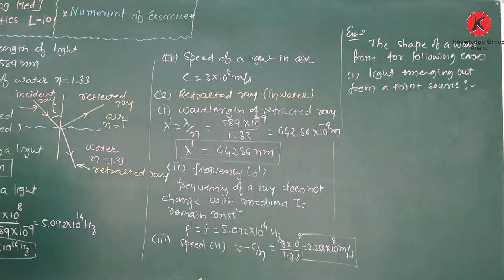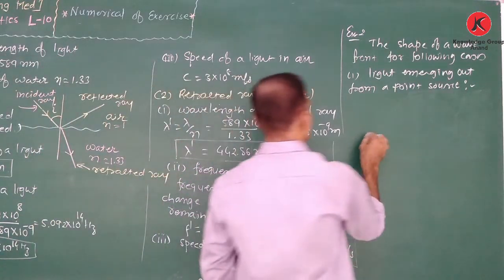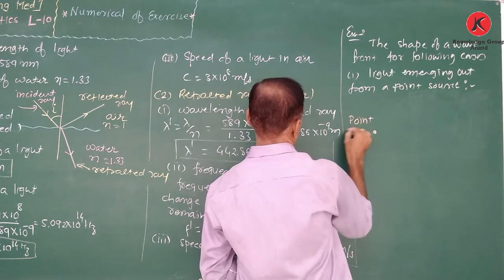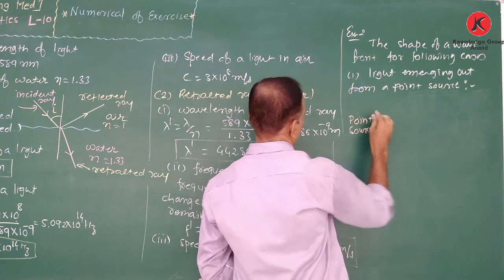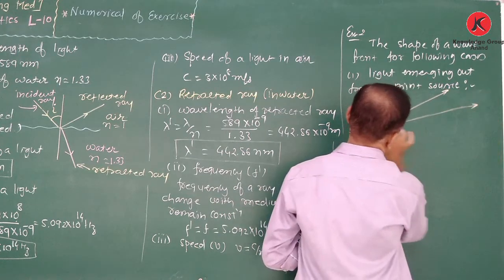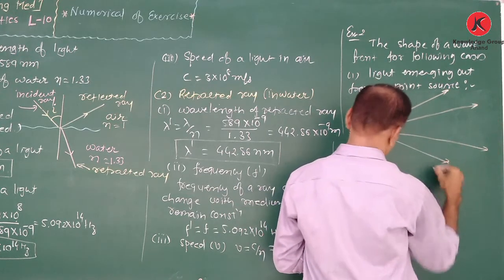As shown in the figure, here the waves emerge out from the point-like source. Here you consider the point source. We consider the rays emerging out from the point source this way.